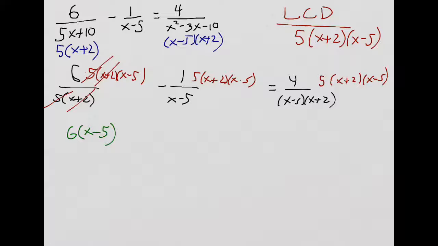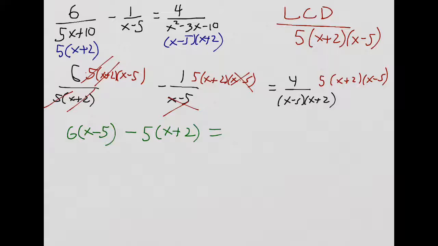When we look at the second term, the x minus 5 is down here, and it's going to cancel out with this x minus 5. As usual, be careful with what's remaining. We're left with 1 times 5. That's not a 15, it's 1 times 5 times x plus 2.